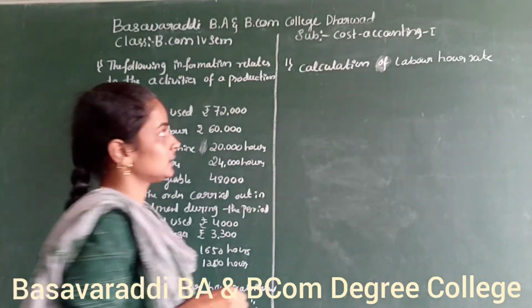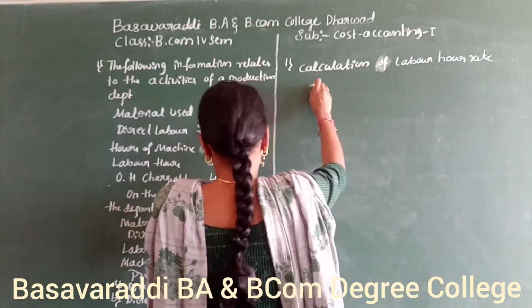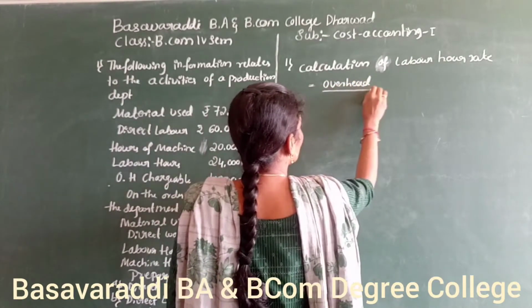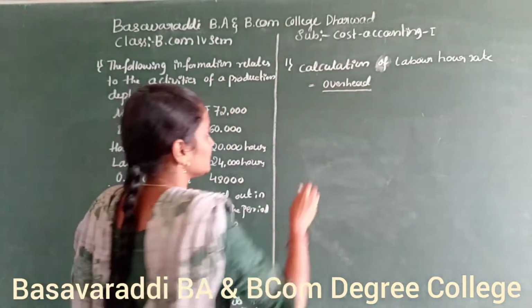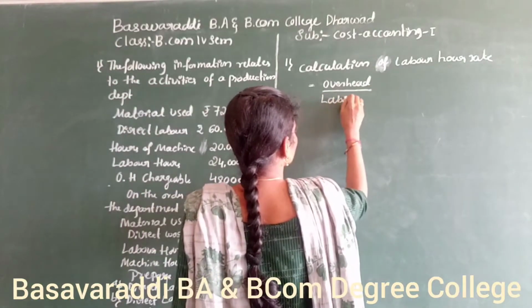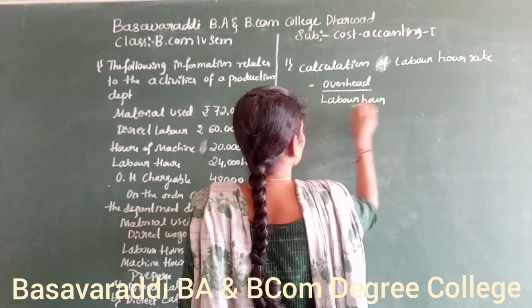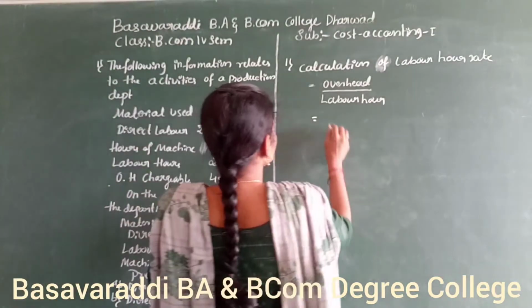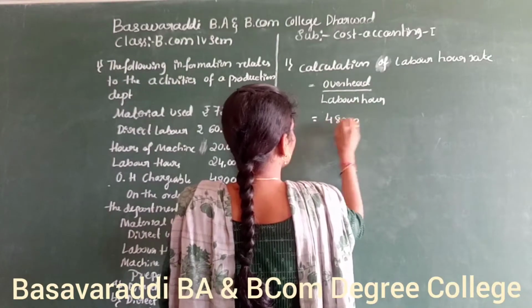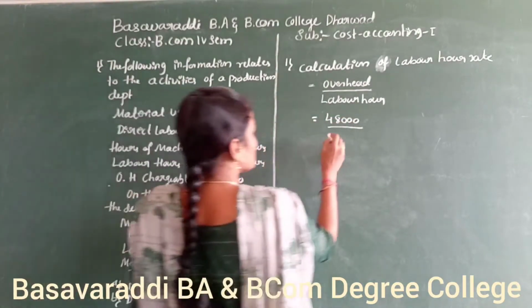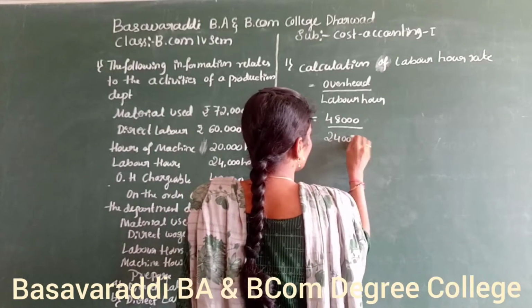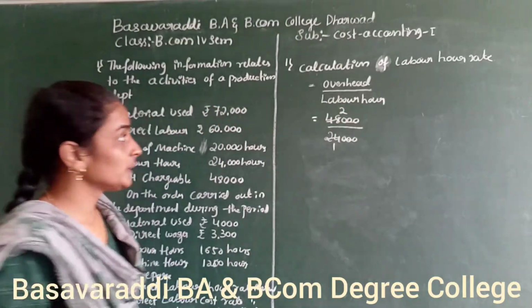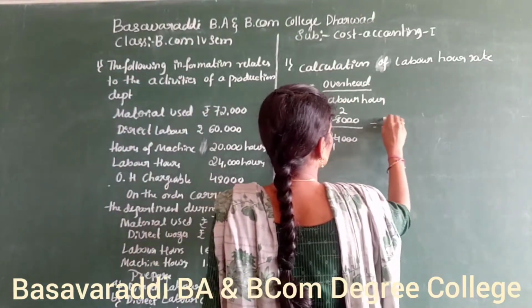Labor hour rate is equal to overhead divided by labor hours. Overhead is 48,000 divided by 24,000. 24 ones are 24, twos are 48, so rupees 2 per hour.